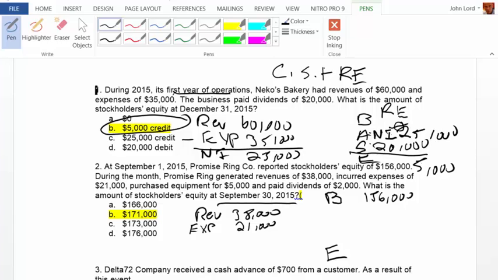So what's my expenses here? Oh, 21,000. So what's my net income? 17,000 is my net income. That's an add to the retained earnings for my net income of 17,000.